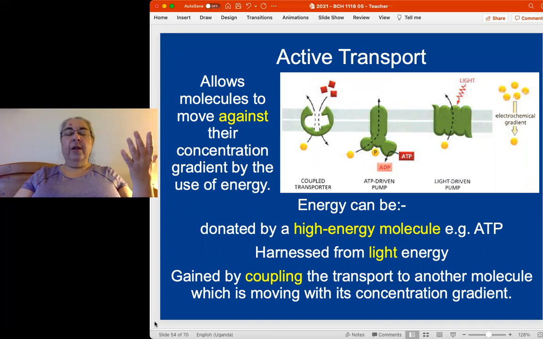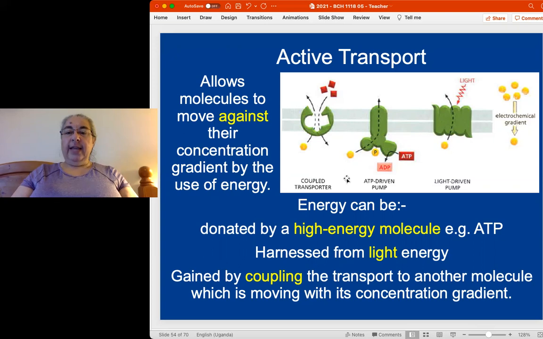So rather than moving from high to low concentration, active transport can move molecules from a low concentration to a high concentration, which is an energetically less stable situation. So energy needs to be used to actually move those molecules.